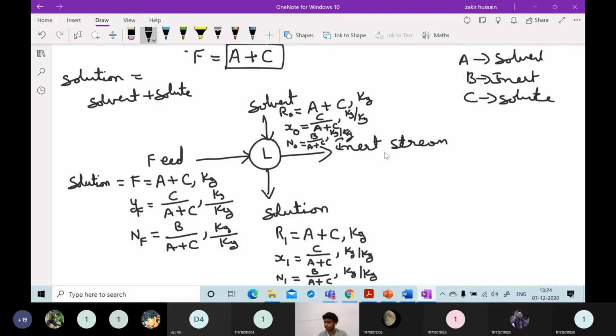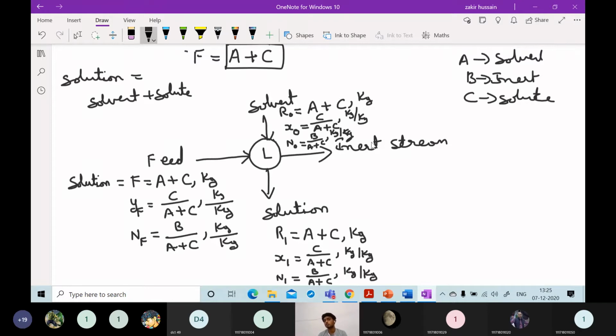Now the inert stream is there. In the inert stream, the maximum amount of inert solids will be present. To some extent, there is a possibility of solute content as well as some solid also being present here. So for convenience, we take this stream also as a solution phase only. This is the extract phase, or inert stream phase.